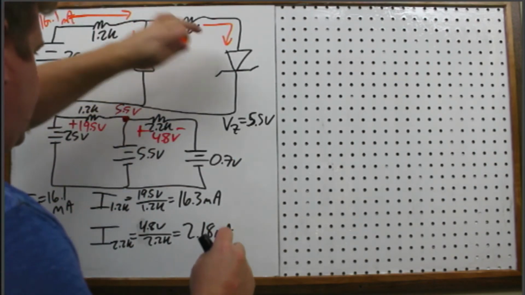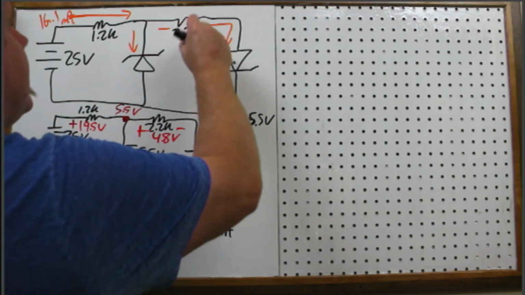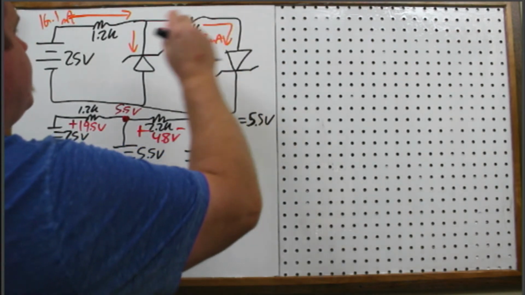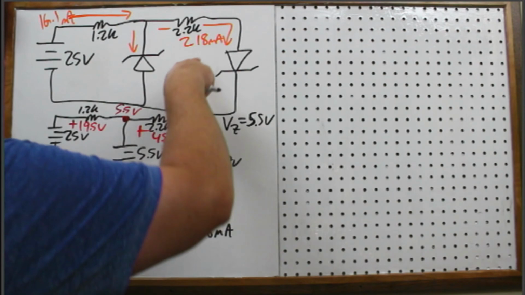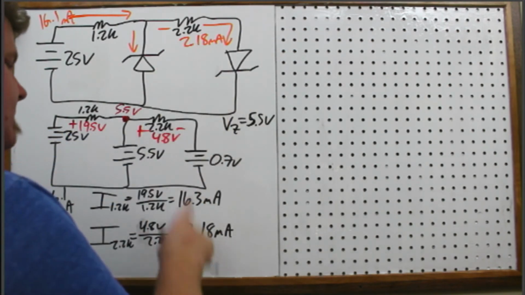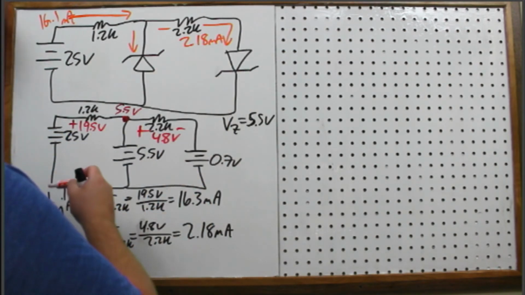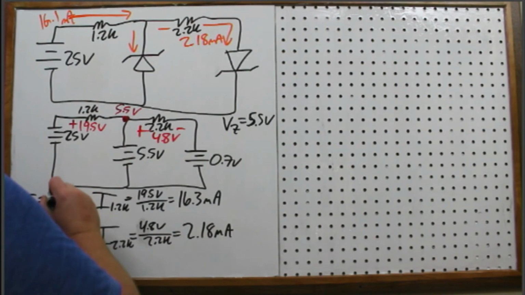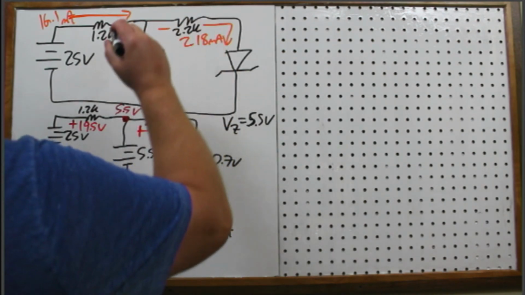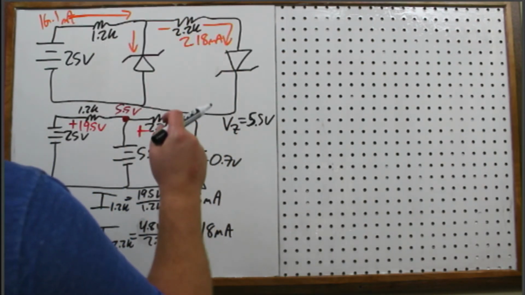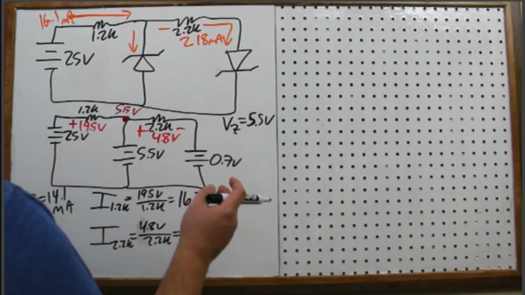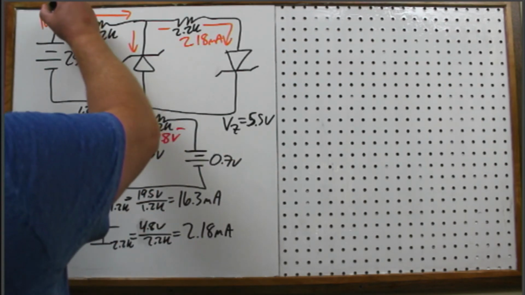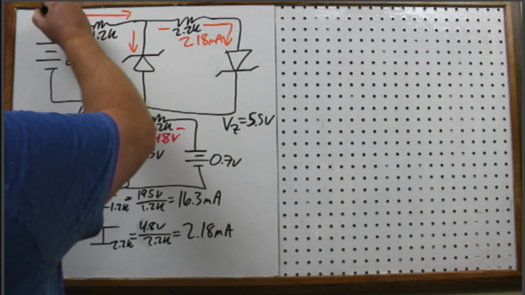And then over here we have the 2.18 milliamps. That's 14.1. I bet you caught that one too. So that means it's 16.3, right? 16.3.